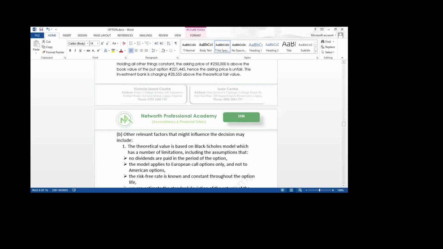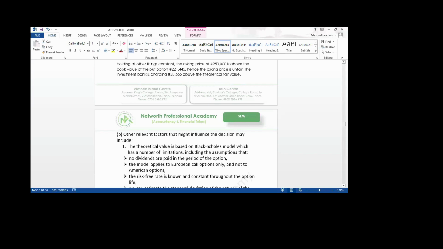You are trying to explain other factors to consider, including the assumptions. One, no dividend is paid in the period of the options. We are now looking at limitations of the Black-Scholes model that we used to calculate the theoretical price. That model is based on certain assumptions that are not realistic. One is no dividend is paid in the period of the option. The company can decide to pay you dividends.